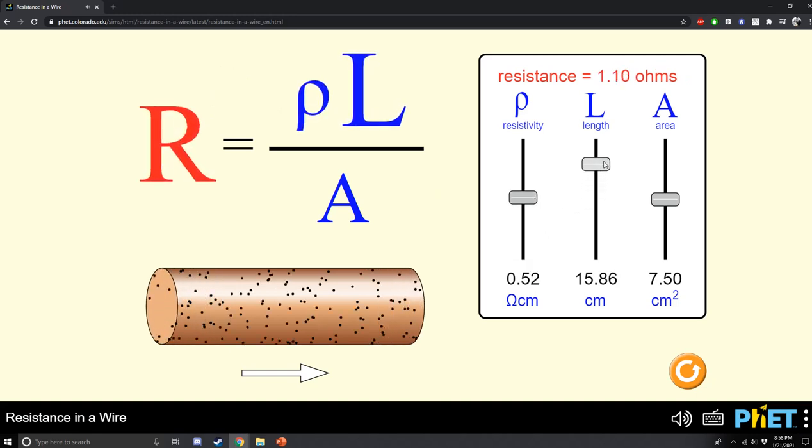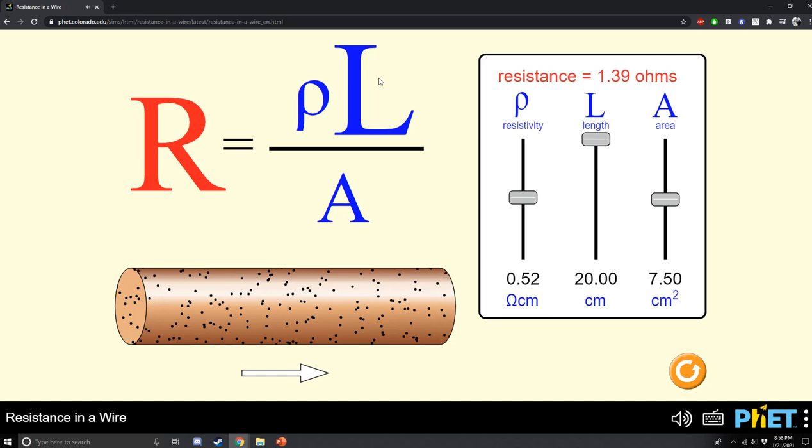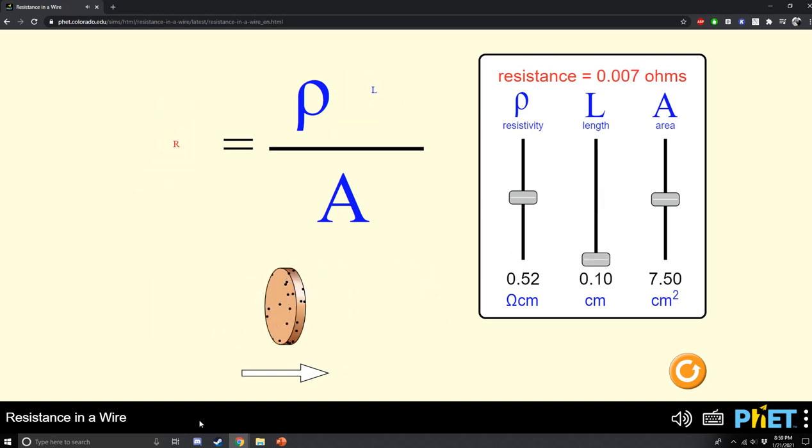Similar thing with the length, we can see that if we increase the length, that increases the resistance. Again, that makes sense because if the electron is flowing through here, now that the wire's a lot longer, it's going to take a lot more time for it to go through than if the wire was very short.